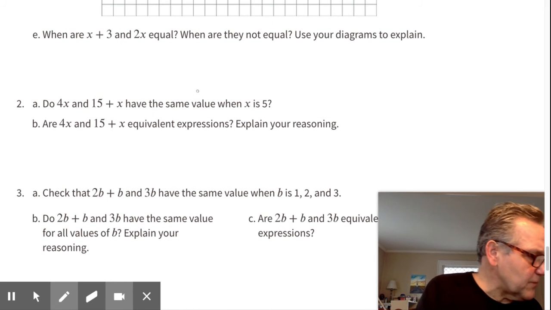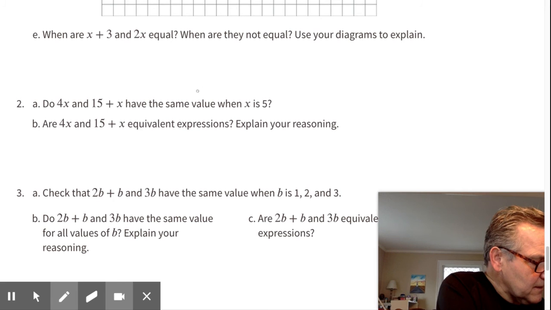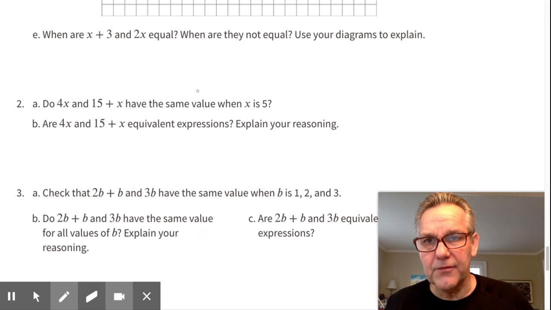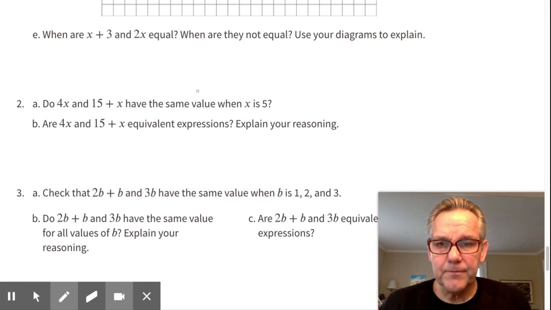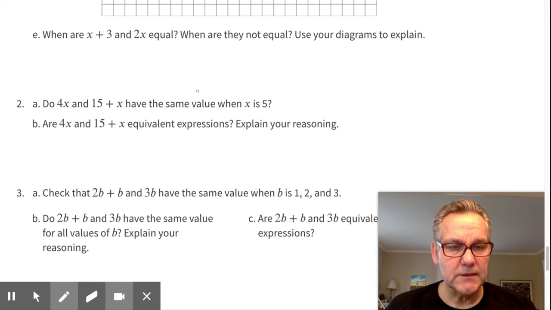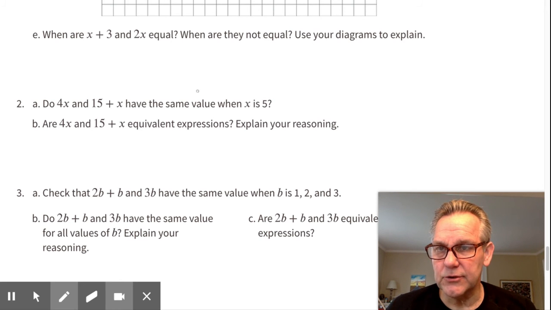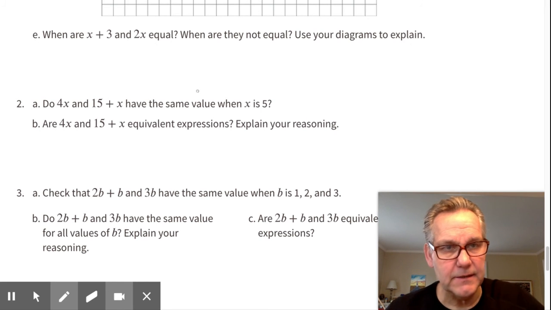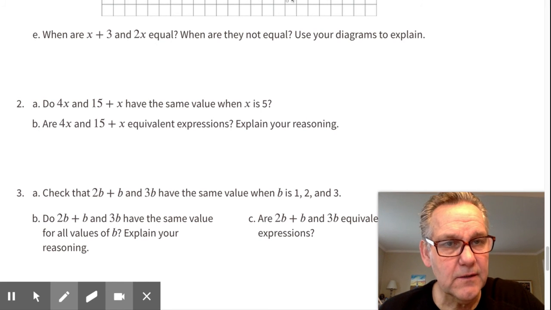Lesson 8, practice problems 1 through 3, which you'll do in your math notebooks or remote folder. And then, of course, the exit slip that you're going to send to me. Make sure you're keeping your math notebook or math folder so that it's all together for when we finally go back to school. So I'm going to pause the video now, and then we'll come back and finish off the problems that we need to do.